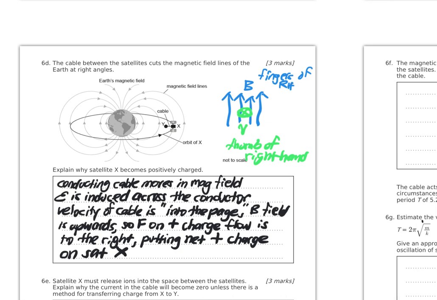Then the force coming out of the palm would be moving the force on the positive charges towards the right, and so that would put a net positive charge on X and a net negative charge on Y.